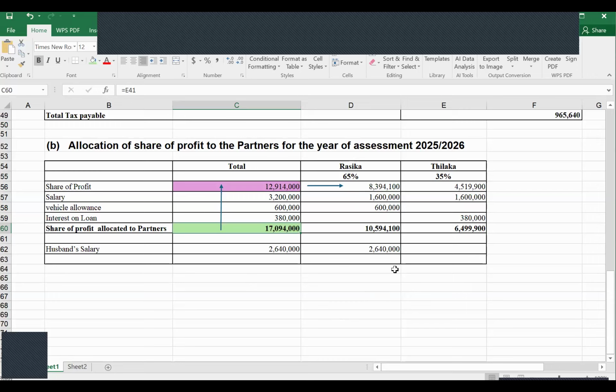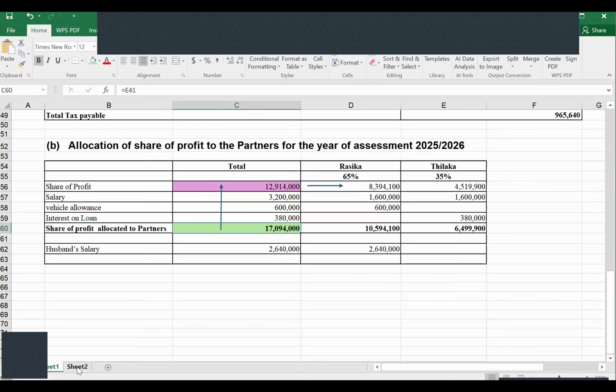Like I have already calculated it for ABC company, you should calculate tax liabilities of Miss Rasika and Miss Tilaka. I will share these examples with you, then you can do that calculation in accordance with the first example.